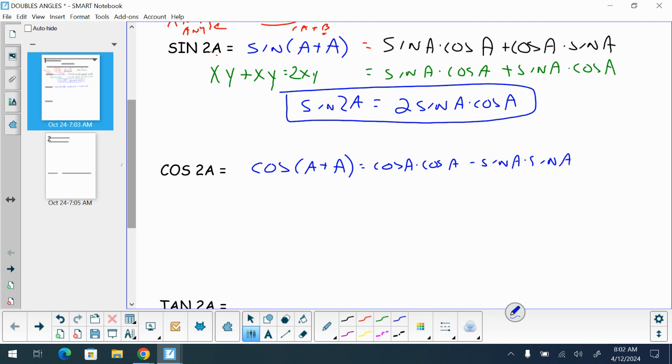Okay, combine your two cosines together. You have cosine A times the cosine of A. What's that give us? What's x times x give us? Well, what's cosine times cosine give us? What's sine times sine give us? Now, we're not adding these together. We have two of them that we are multiplying together.